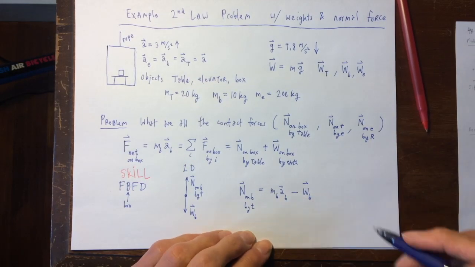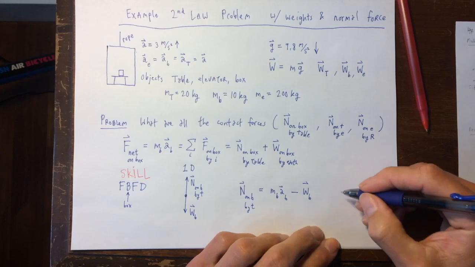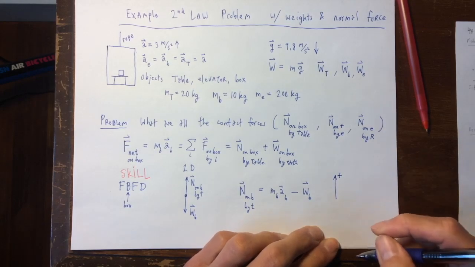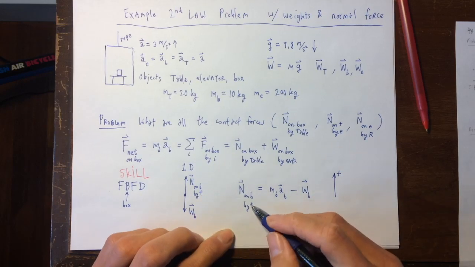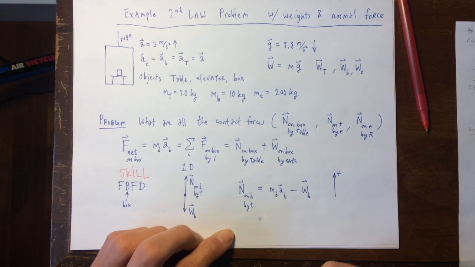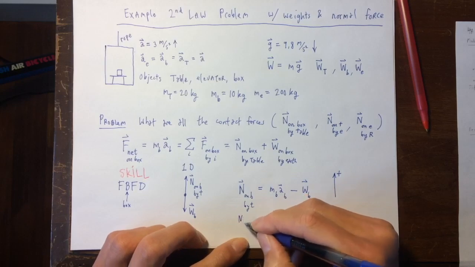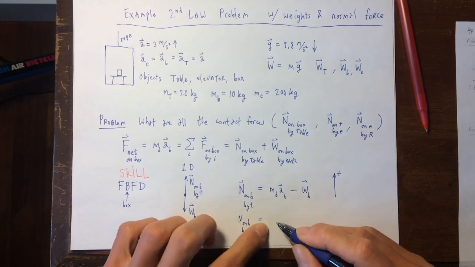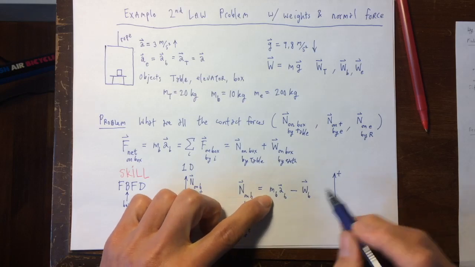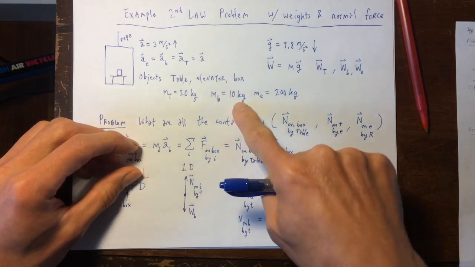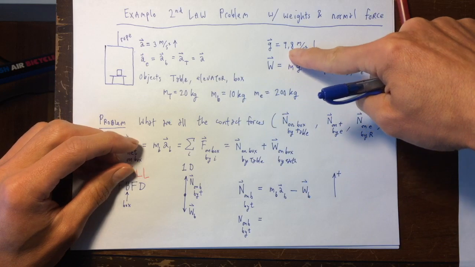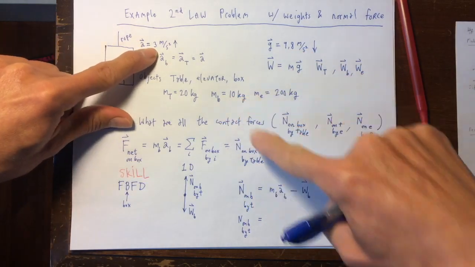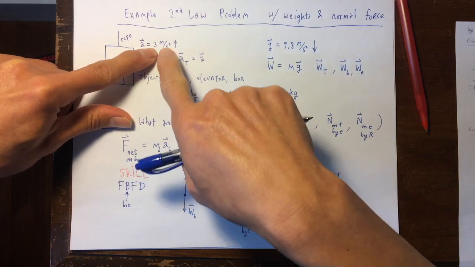So this minus sign is super important, and let me show you why. Let's choose up to be the positive direction. Then we're going to say that the normal force on the box by the table is equal to, so if up is positive, then here's the mass of the box and the acceleration a of the box here.